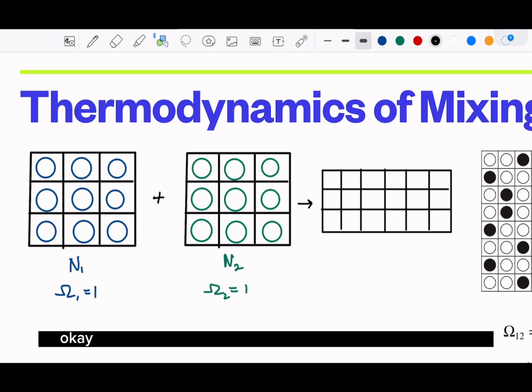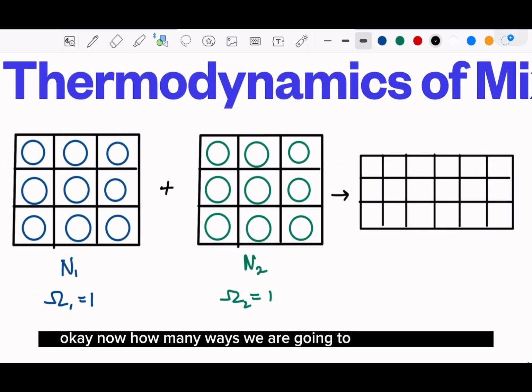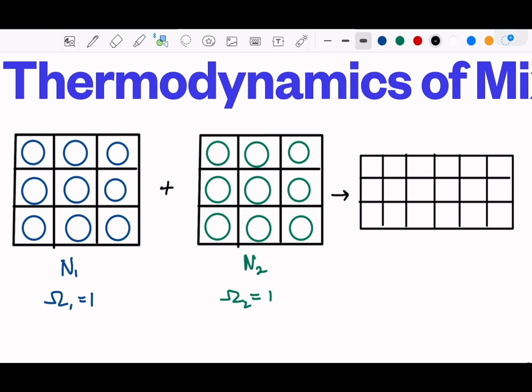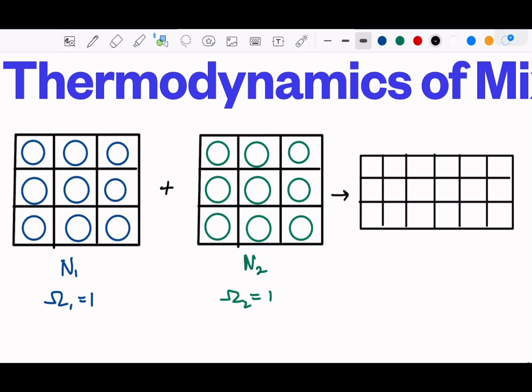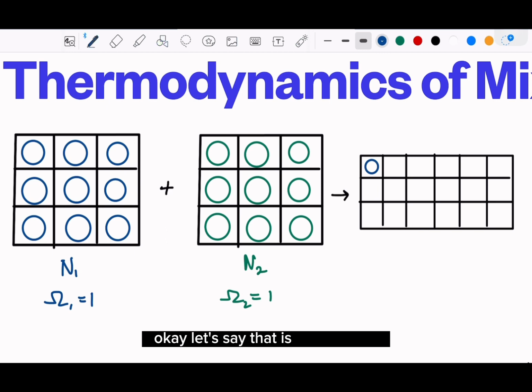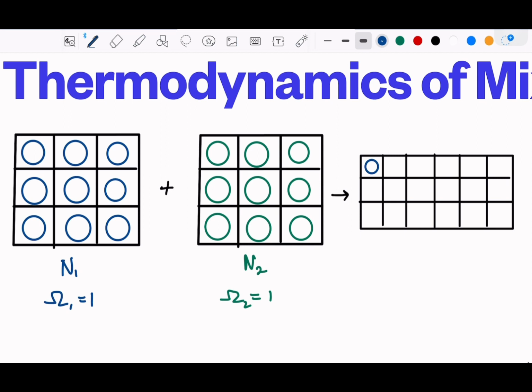Now, how many ways are we going to combine these two? Let's say we take one blue here, green here. Or if we take the one here, let's say that is the first one. So this will be N1 plus N2.